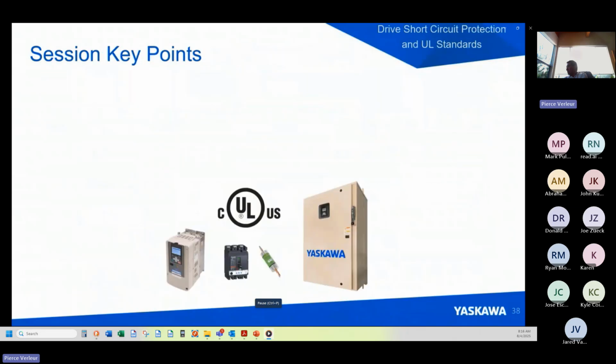So let's talk about the key points of our session. That actually completes all of our related topics for today, but I want to leave you with the following takeaways.